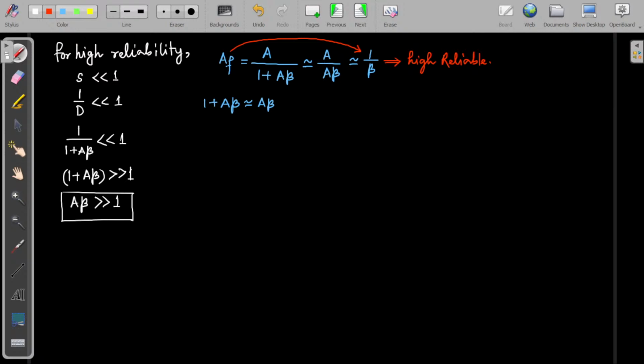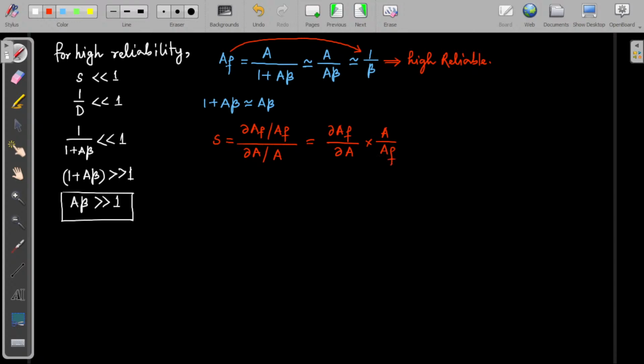Similarly, we have already seen the sensitivity value. What was the sensitivity value? Sensitivity value was del AF by AF divided by del A by A. We have written it as del AF by del A into A by AF.